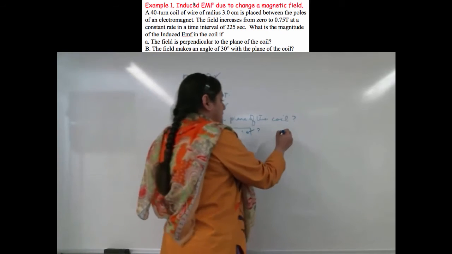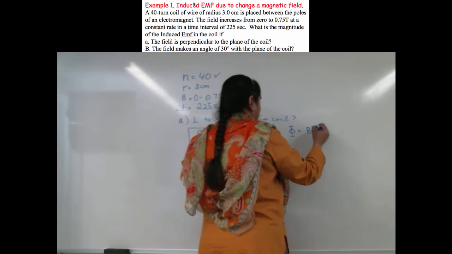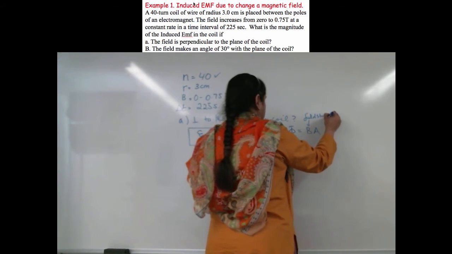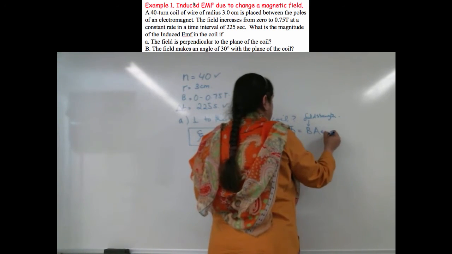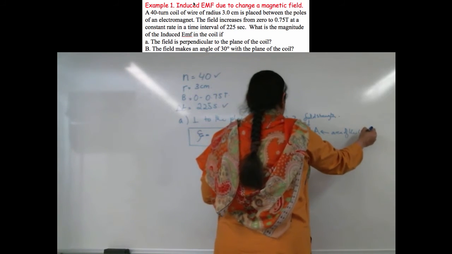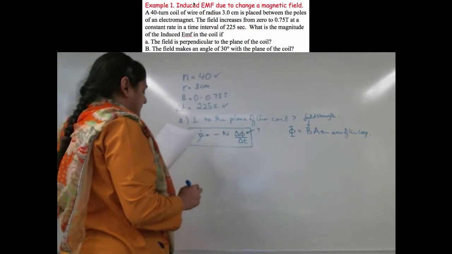But I do know phi equals BA, where B is the field strength and A is the area of the loop. Okay? Now, what is delta phi?